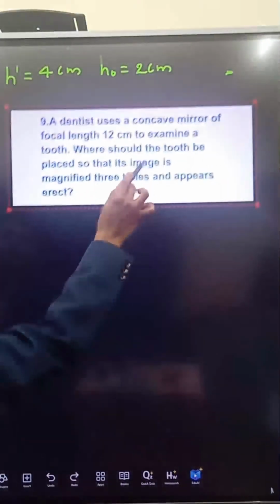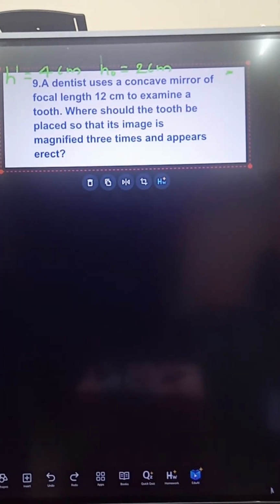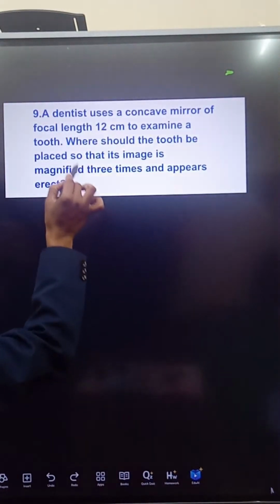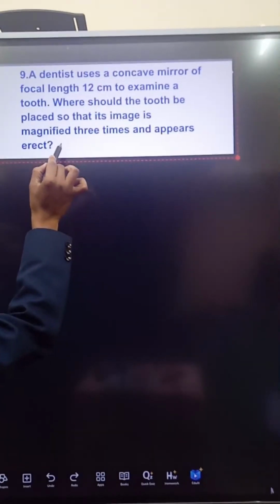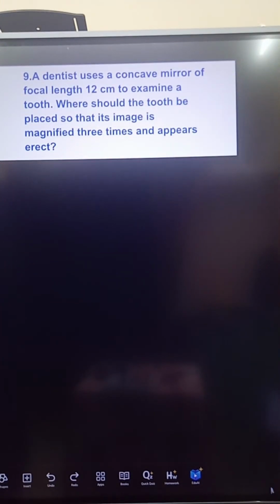You try this. You will see. Write the given and all. Write the given and write. You try it once.